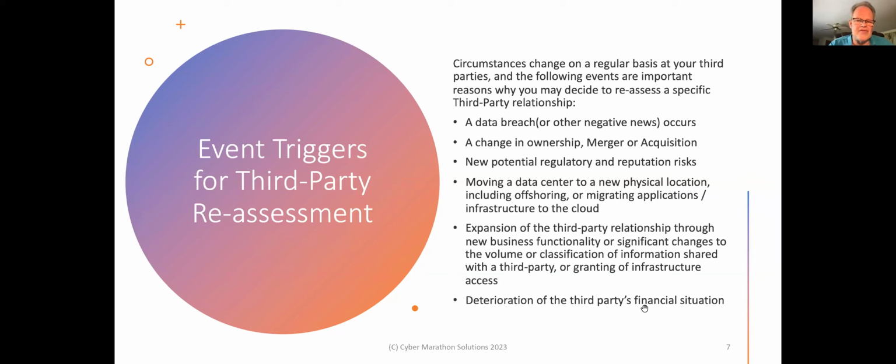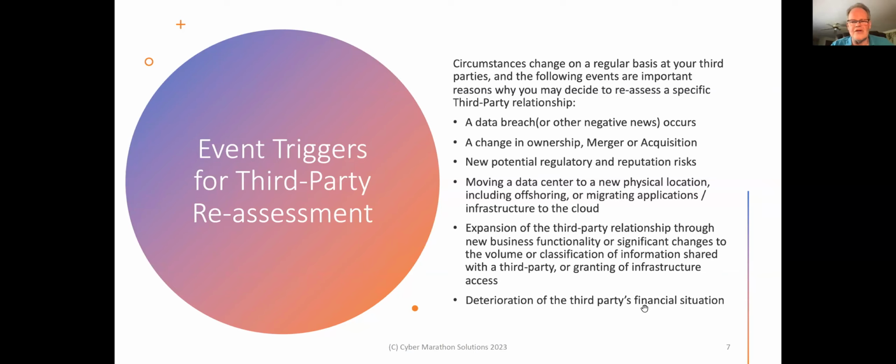And depending what's in that final guidance, there may be a need for you to go back and reevaluate whether your third parties are fully compliant with new regulatory guidance, as an example. Another area that might necessitate doing an assessment is if you're moving a data center to a new physical location, or particularly these days into the cloud. And if you're moving it into the cloud, you're definitely going to do a reassessment to make sure that you have the proper level of controls in place.